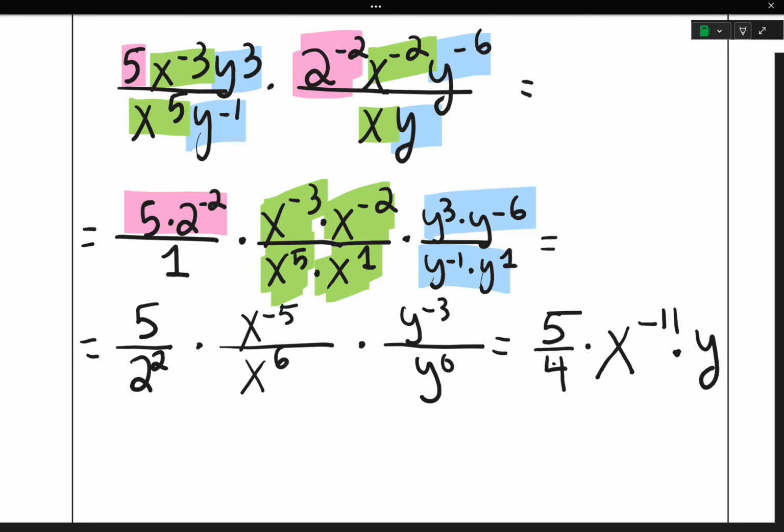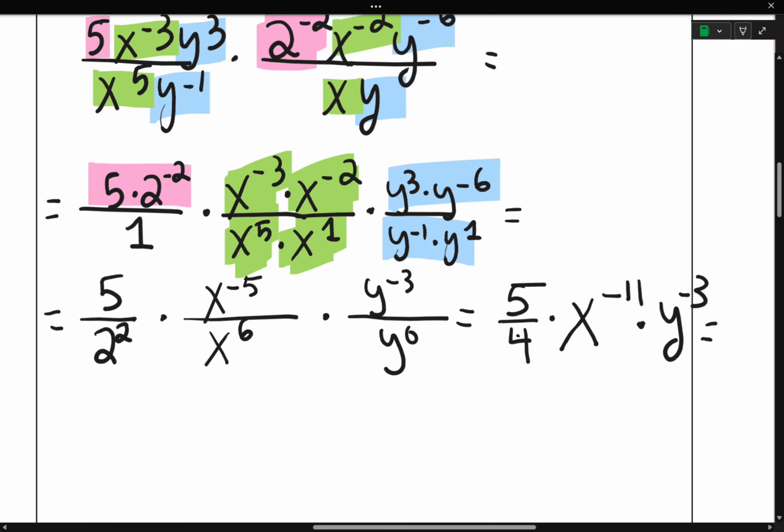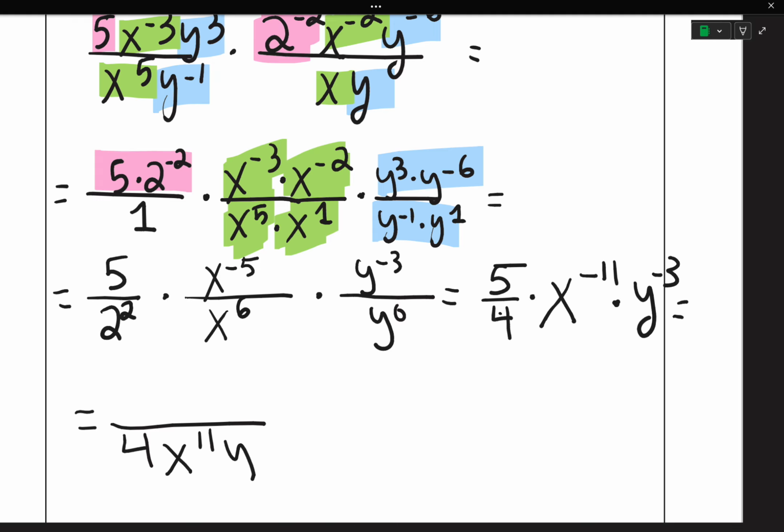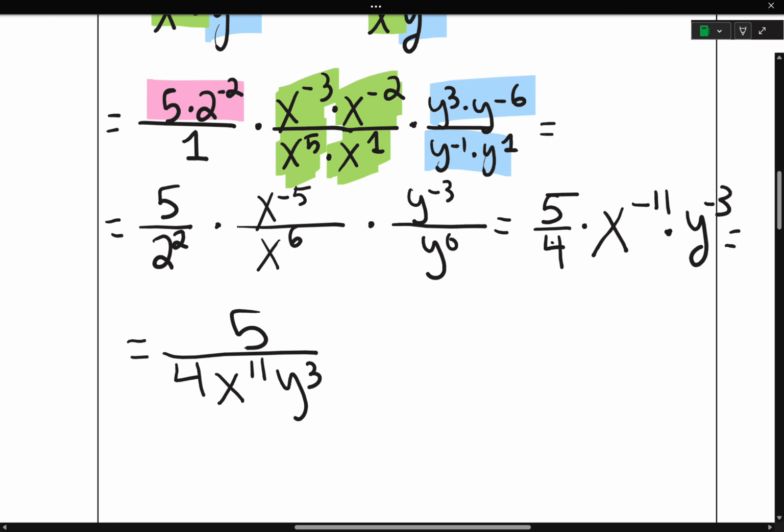We'll do the same for the y's. Negative 3 minus 0 is negative 3. Don't forget what we've got to do for those negative exponents for our last step. We're going to flip them to the bottom of the fraction. Okay, that's our final answer.